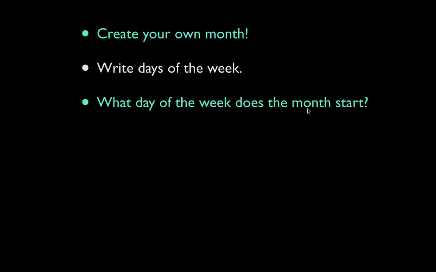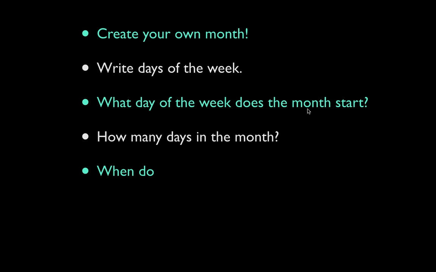Now, you are going to create your own month. So you're going to have a template. First, you will write the days of the week, which will be on a handout I will give you on the back side of your month template. You need to use your agenda book to find out what day of the week your month starts. Then you need to find out how many days are in that month, which if you have your agenda book should be fairly easy.